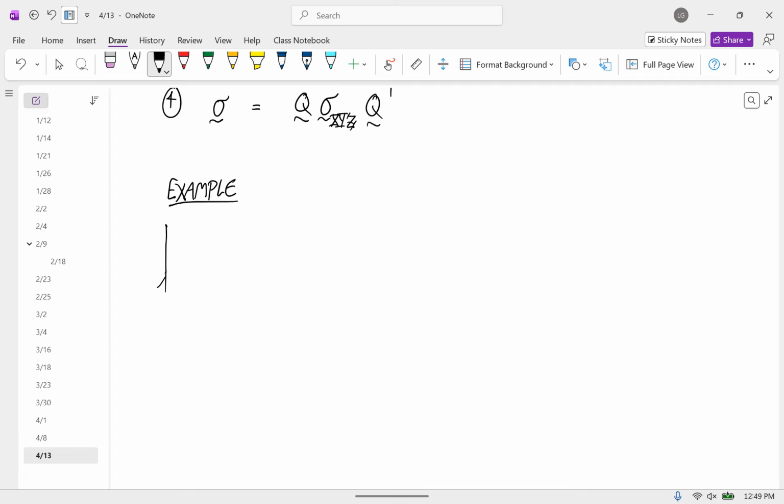Let's say that we have a cantilever beam with a circular cross section, and let's just say we have a torque of 4,000 Newton meters. And let's say that the radius of this is 0.05 meters.